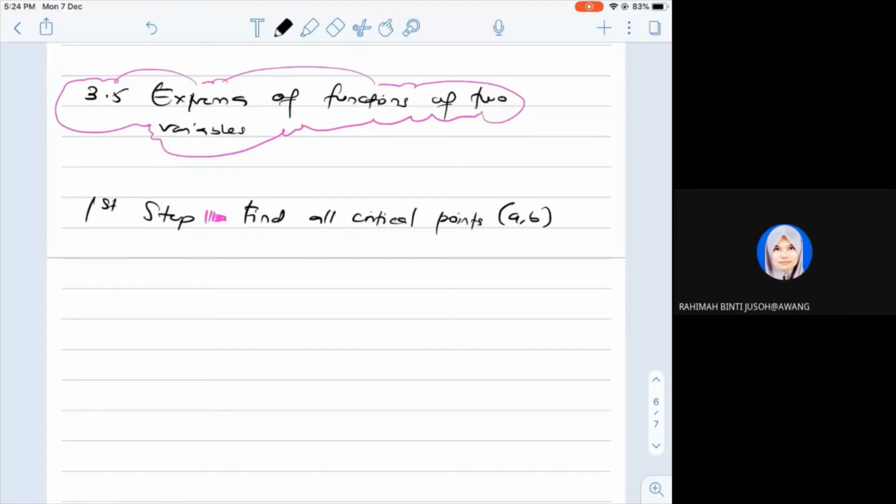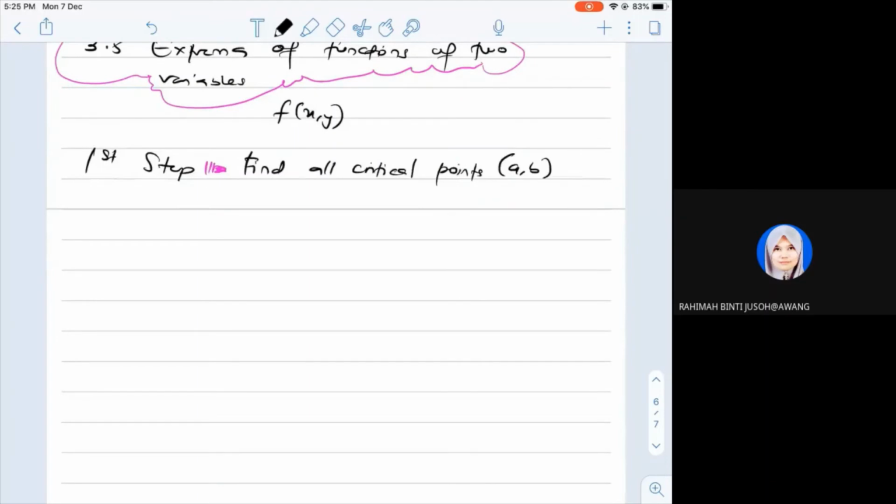If the function involves power of 3 or power of 4, sometimes we can have more than 2 critical points. Sometimes in the final exam, we can have 3 or 4 critical points. It depends on the function fxy. If there is a power 3 equation, there may be 3 critical points. It depends on the function.